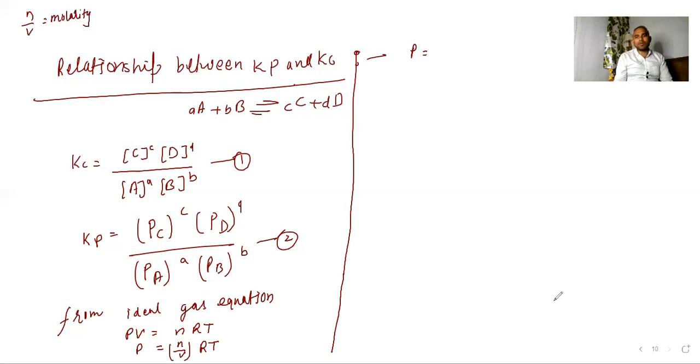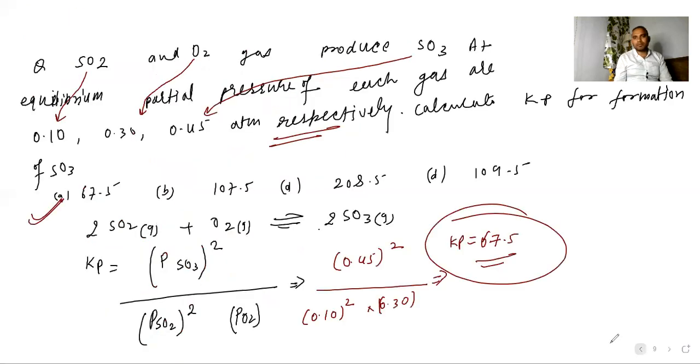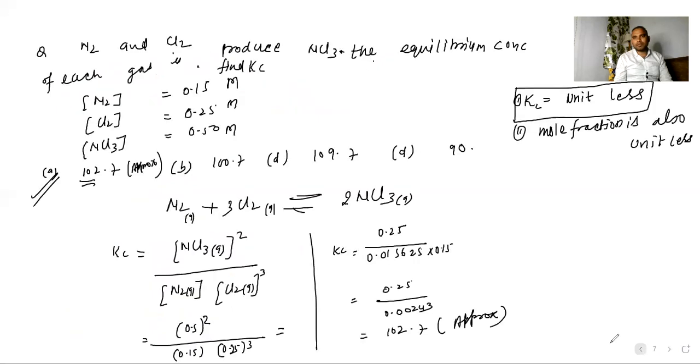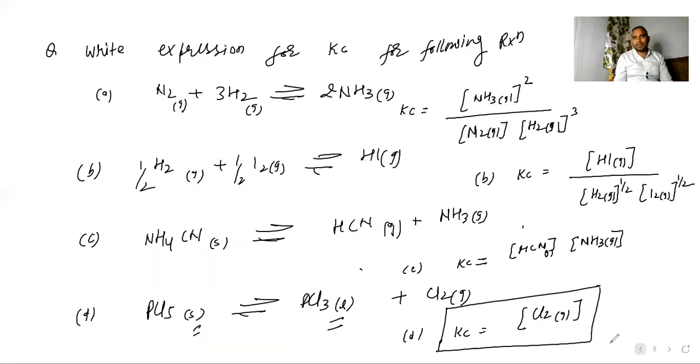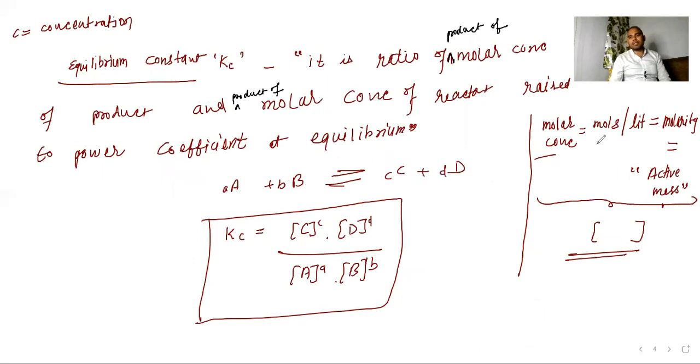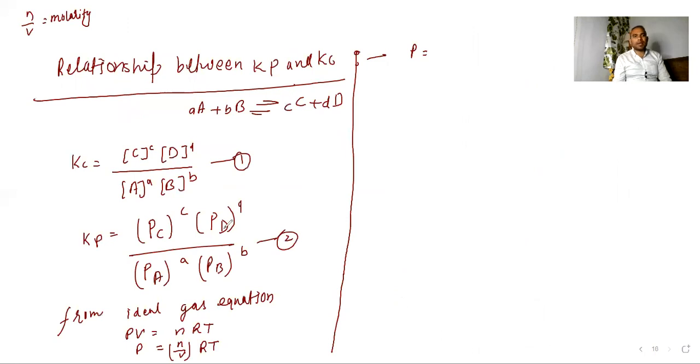Just now I told you a page back that molar concentration means moles per liter, or molarity, or active mass, and it is written in a square bracket. So P equals the concentration times RT.